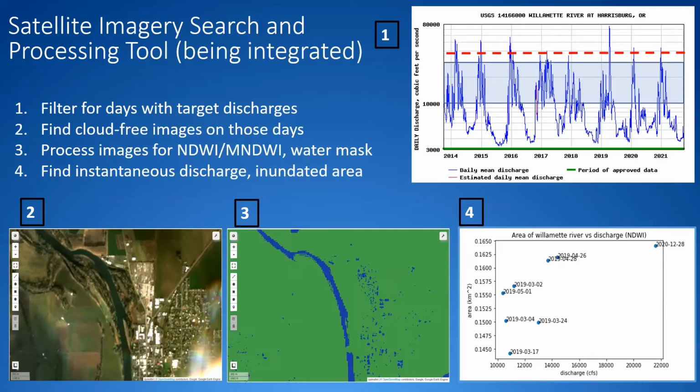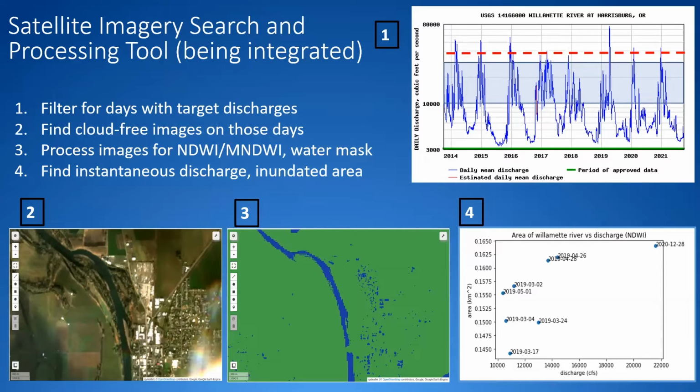In this case, we might be interested in determining the maximum extent of inundation area from a large flood. So let's say you are interested in finding inundation area that exceeds this red dashed line that you see on the top, the tool should be able to find the imagery associated with that range.